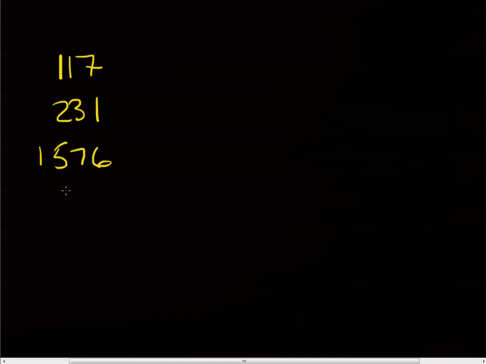So let's imagine we've got a couple of numbers coming out of this generator. We get 117, 231, 1576, and 13. We know these numbers are coming out of the random number generator, but we wanted random numbers between 1 and, let's say, 100. So we want to transform this to 1 to 100.